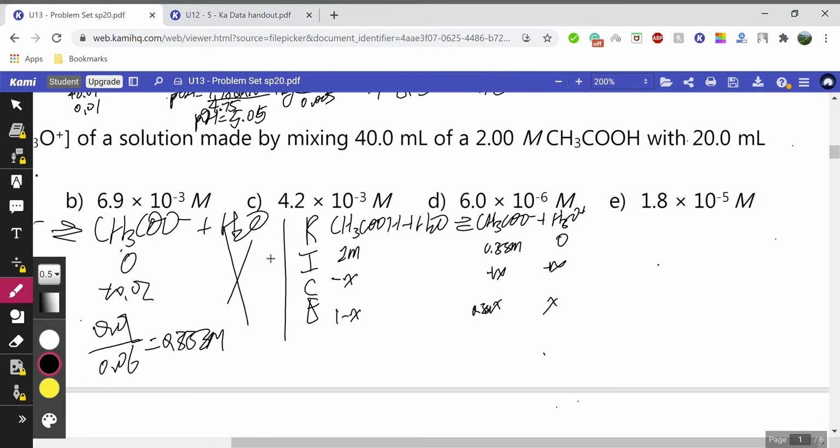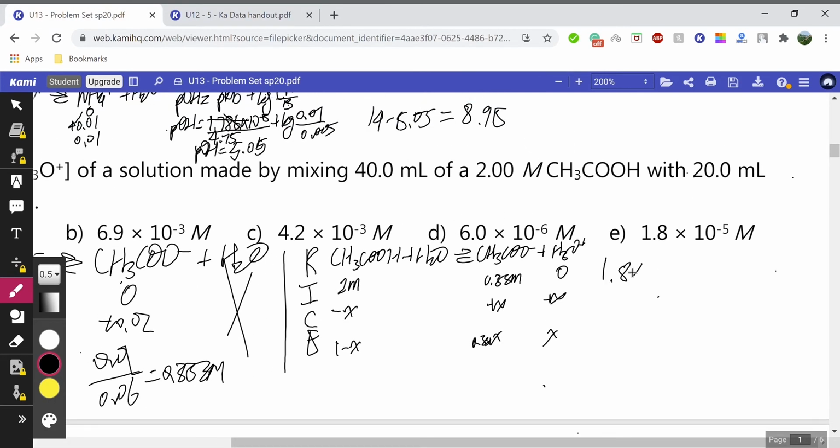So K, 1.8 times 10 to the negative 5th power, is equal to x times (0.333 plus x) divided by (1 minus x). Because the x is so small, we can cross out these two x's.